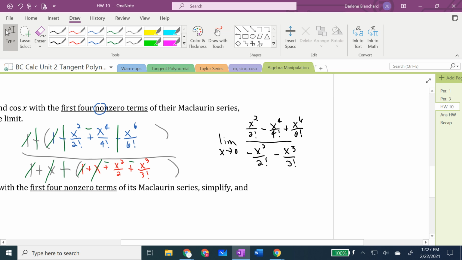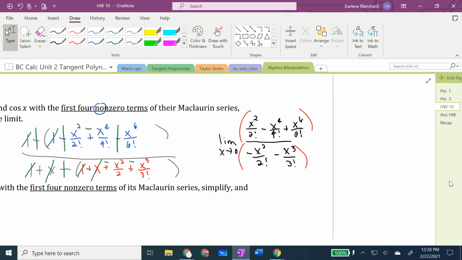Now it's asking you to solve the limit through the Maclaurin series, even though you could probably solve this limit a whole lot easier if you just used L'Hopital's rule. What it's wanting you to do is look at the fact that the lowest exponent you see is a 2.